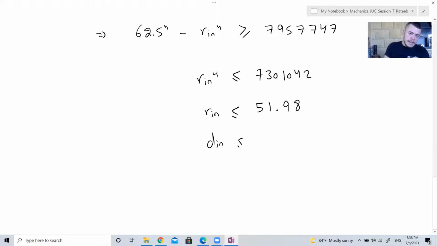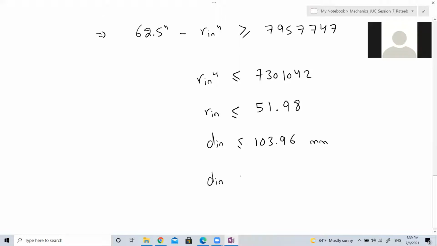So Dn is less than or equal to 2 times 51.98, which is 103.96. What do I take, 103 or 104? 104. No, careful, here it's the opposite, it's less than or equal. You need to take 103.